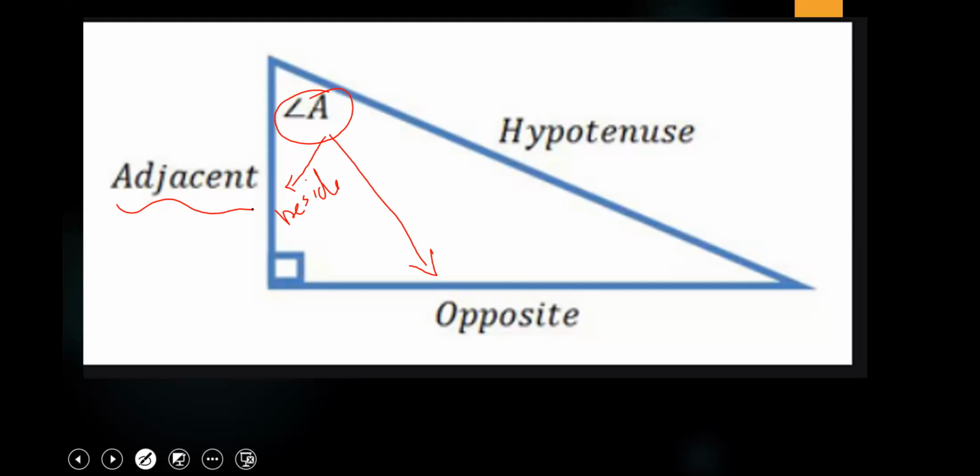So here this is the angle A. The side that is opposite to the angle A, we call opposite. And the side that is near or beside the angle A, we call adjacent. Is it clear? Yes, teacher. Okay.